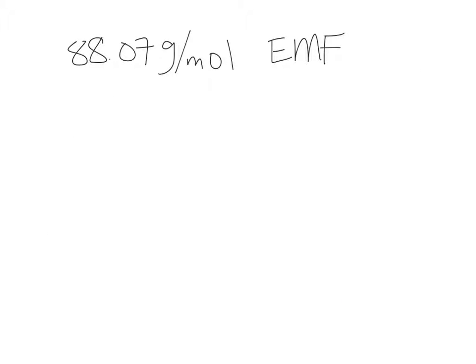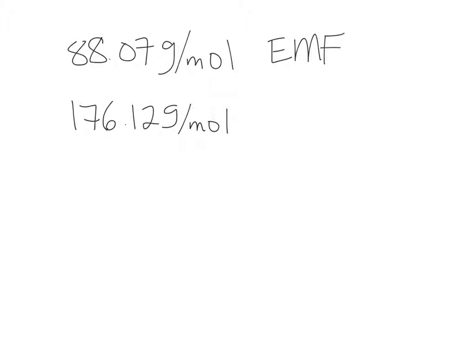You have the molar mass of your empirical formula. Here's the molar mass of our empirical formula, but it says the entire compound has a molar mass of 176.12 grams per mole.